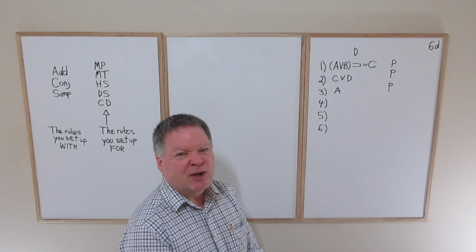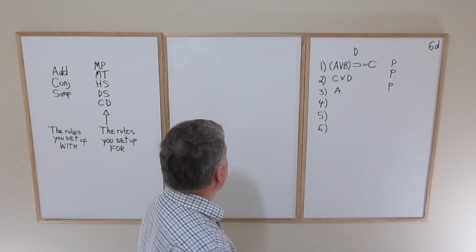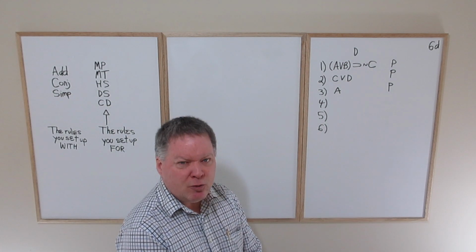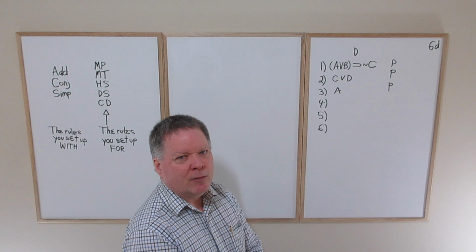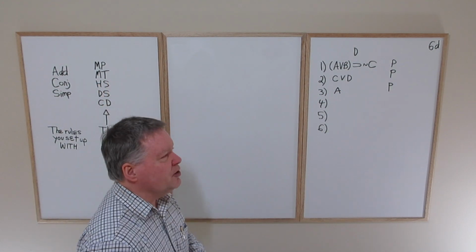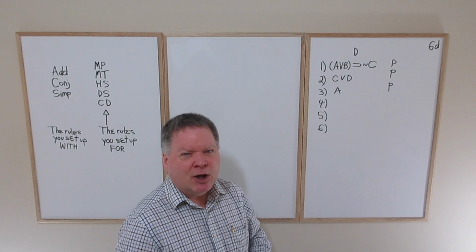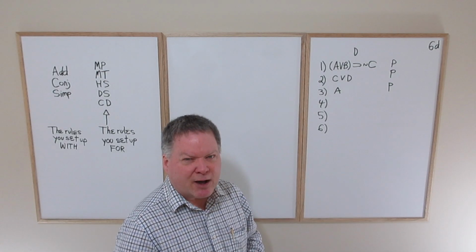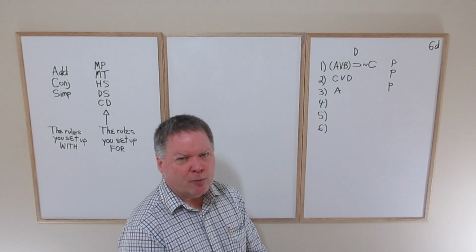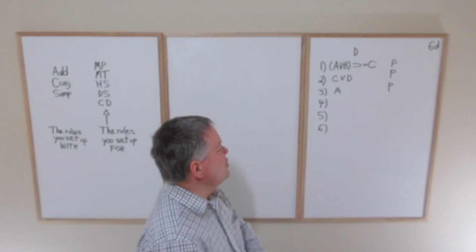The overwhelming majority of the legitimate rule employment opportunities with addition or conjunction are useless, however. So unlike these 5 rules, the rules you set up for, with addition and conjunction, you need to be very selective on when you employ it. You need to have a purpose for employing addition or conjunction.